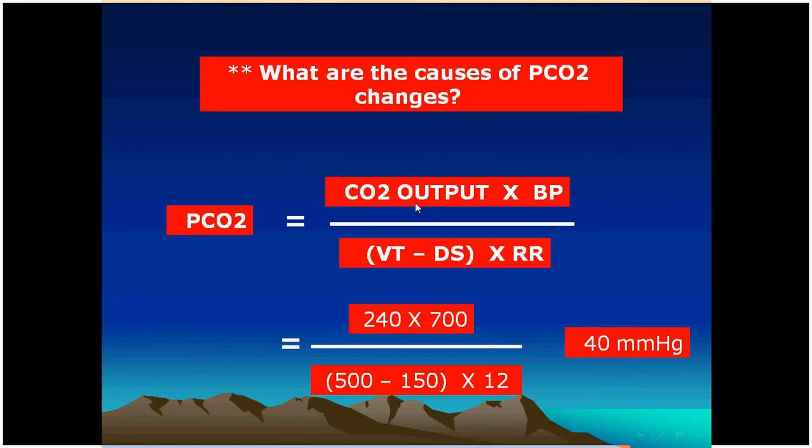In this formula, carbon dioxide output multiplied by the barometric pressure divided by the tidal volume minus the dead space and the respiratory rate.